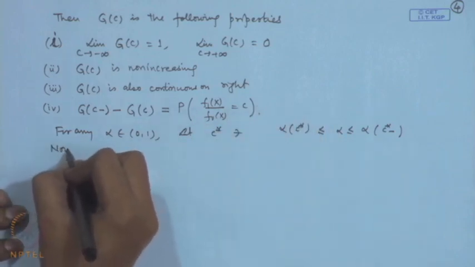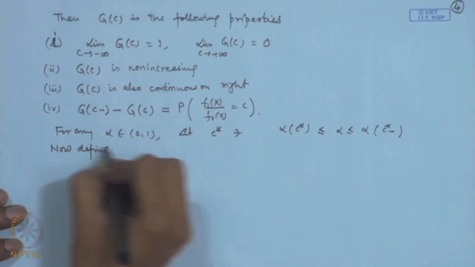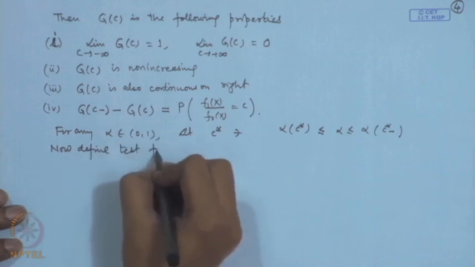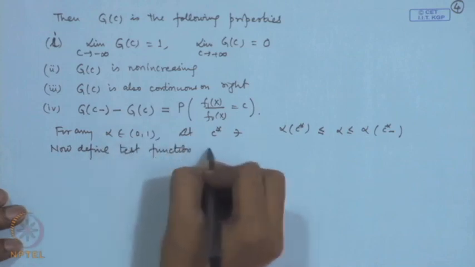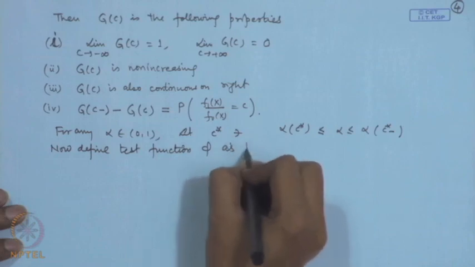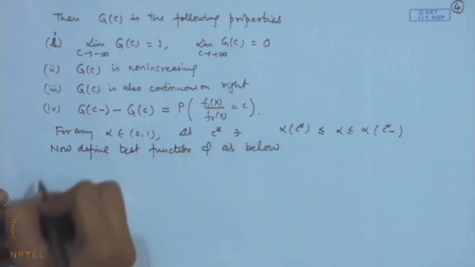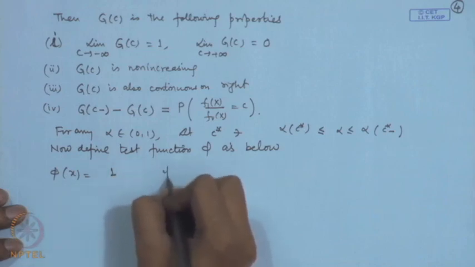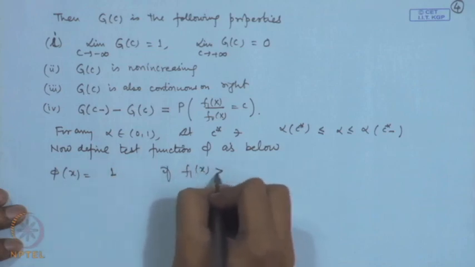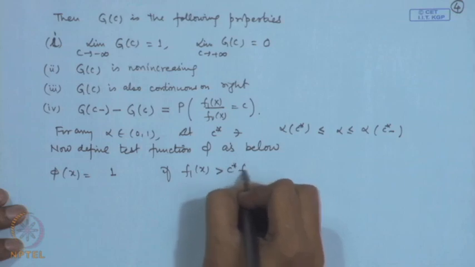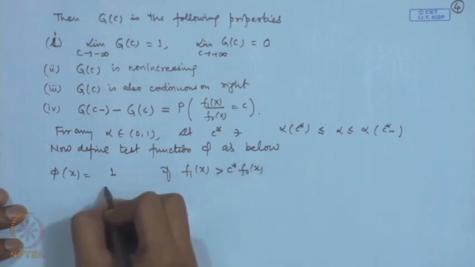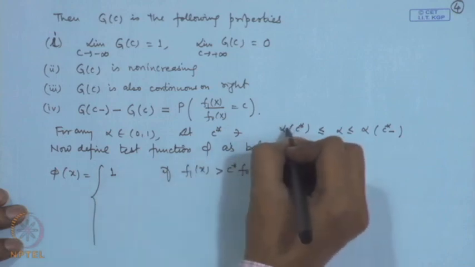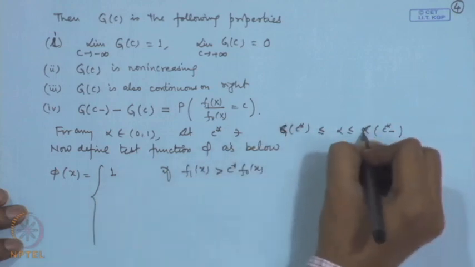Now, define test function phi as below. So, we define phi x is equal to 1 if f 1 x is greater than c star f naught x. It is equal to, sorry, this is g c here.